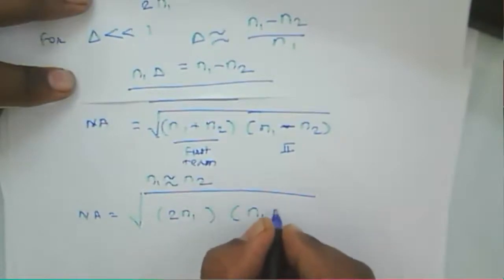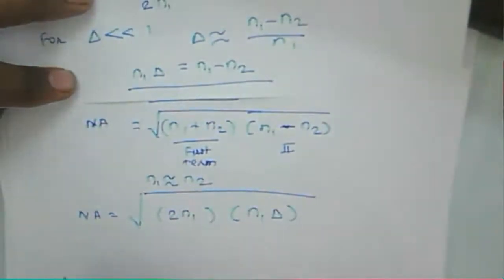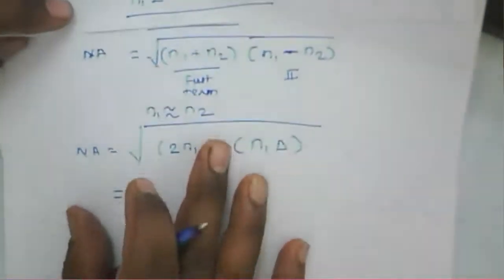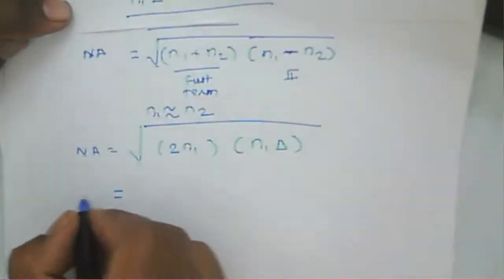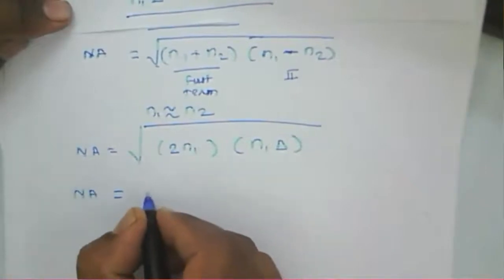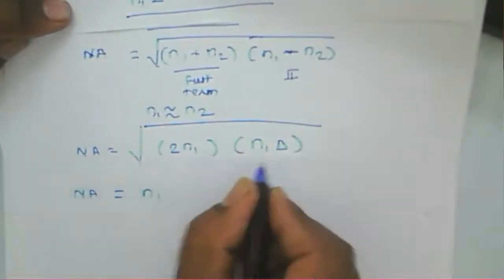And we know earlier that n1 minus n2, the second term here, is nothing but n1 times del.